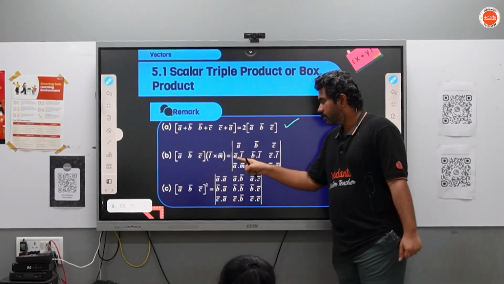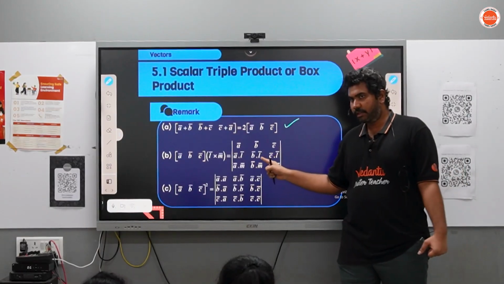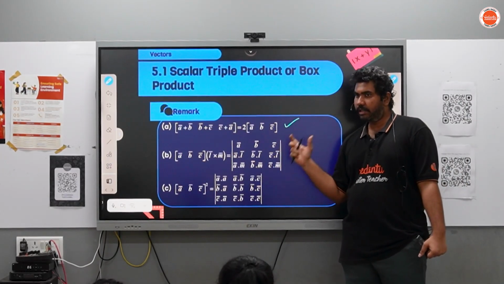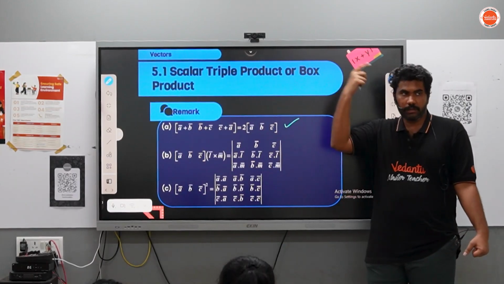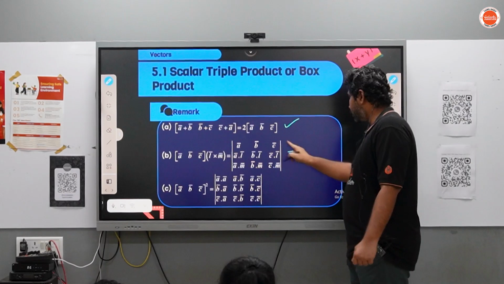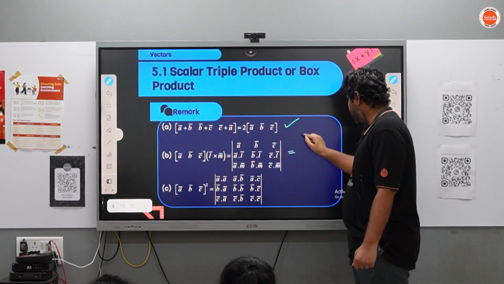This one is very simple to interpret. If you interpret this using determinants, have the determinants in your mind. So how is the interpretation? We already know what the box product is.